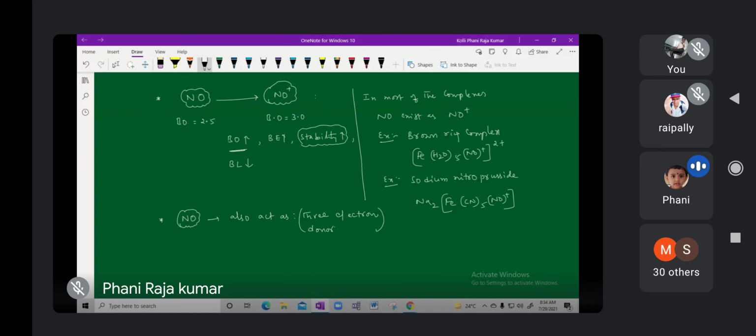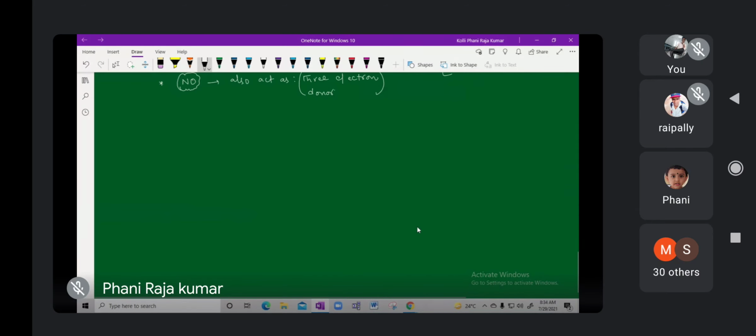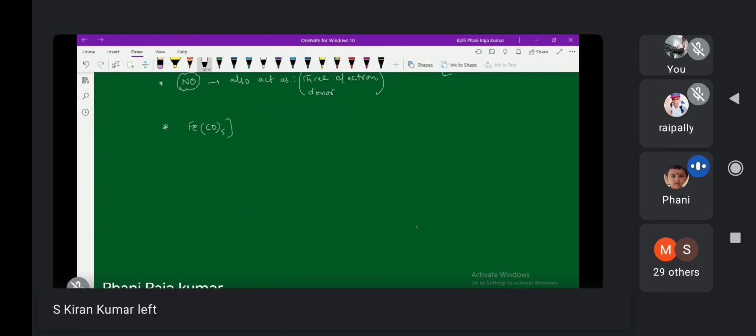To observe the 3 electron donor behaviour, suppose I am writing here Fe(CO)5.